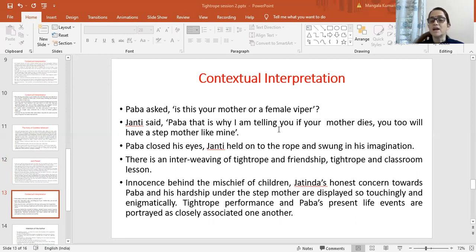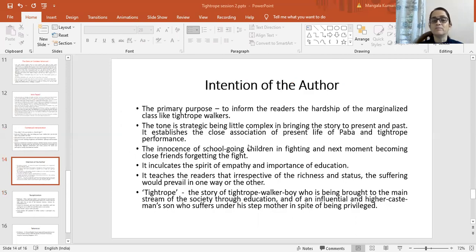The tightrope performance and Baba's present life events are portrayed as closely associated with one another. In the story, the primary purpose of the author was to inform readers of the hardship of the marginalized class like tightrope walkers in Gujarat state, and the tone is strategic, being a little complex in bringing the story to present and past very often.